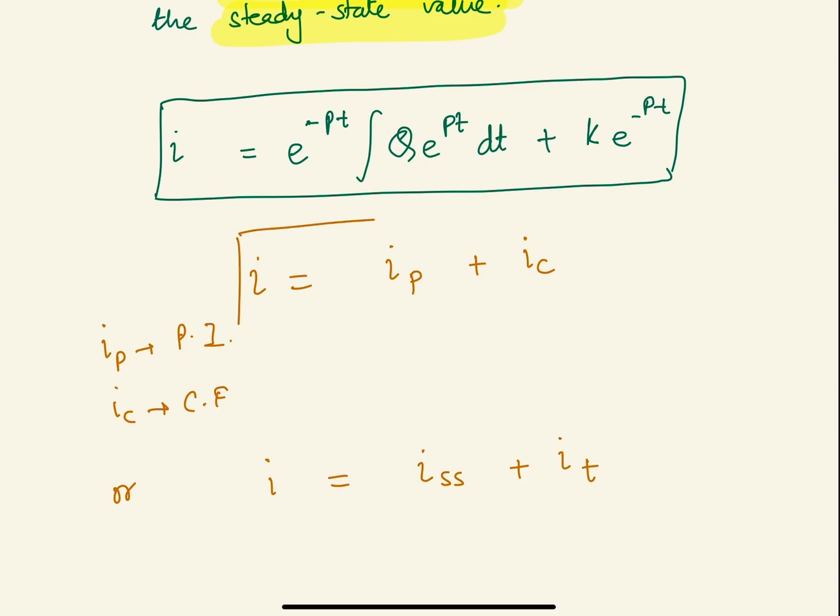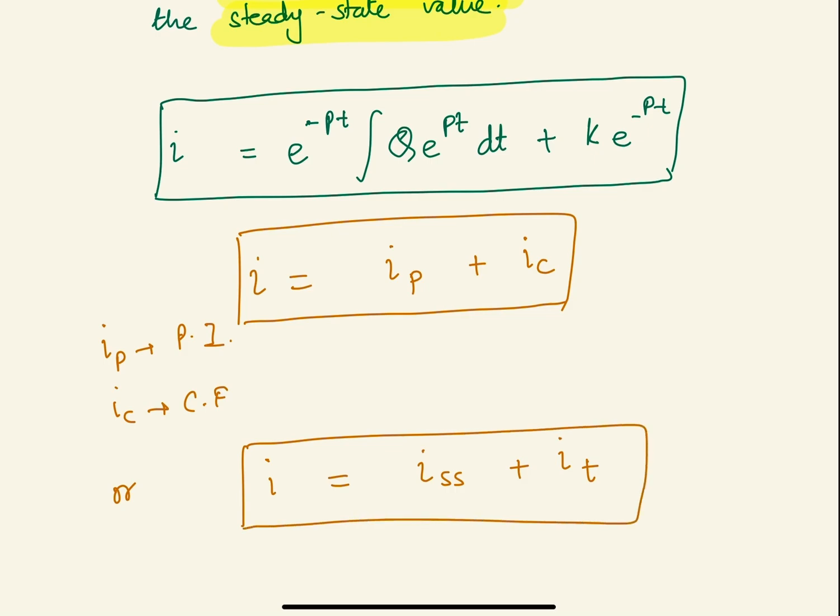So this is one expression. I is equal to IP plus IC, where IP is the particular integral, that is this term, and IC is this term, right? Or I is actually equal to the steady state term ISS plus IT, which is the transient term.